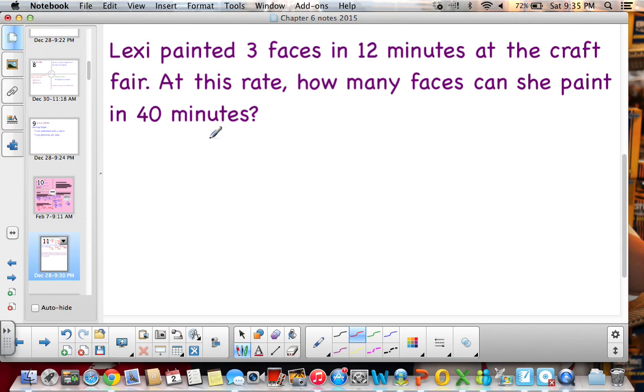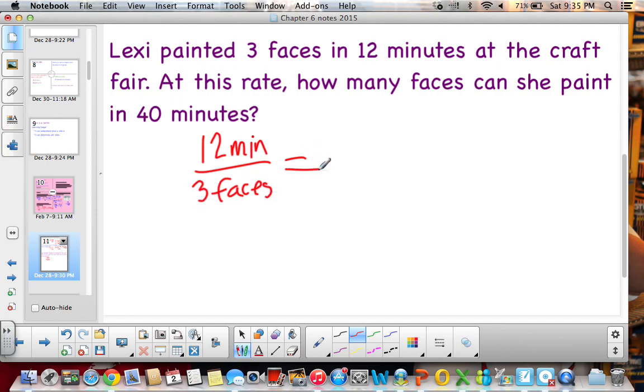Sometimes I need to ask myself, do I need to figure out faces per minute or minutes per face? Well, we can tell that it takes more than a minute to paint a face, so it's not going to be faces per minute. It's going to be 12 minutes per face. Sorry, not per face. For 3 faces.